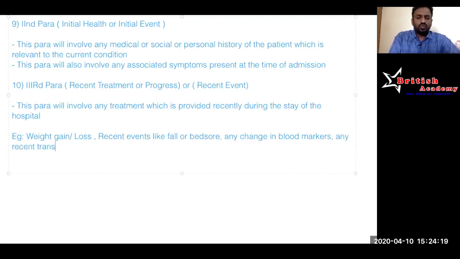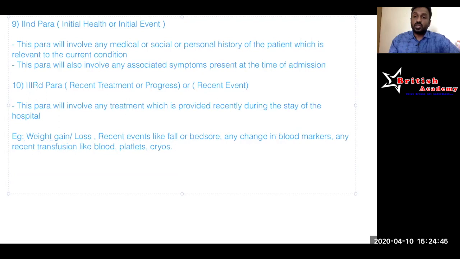In many case notes, the patient underwent a surgery and later the patient's HB dropped, and you transfused 3 packs of RBC, 4 packs of RBCs. So any recent transfusions like blood or platelets or cryos, anything you have done for the patient, all that information will come in your third paragraph. Now, I'm still telling you, keep the structure in your mind.